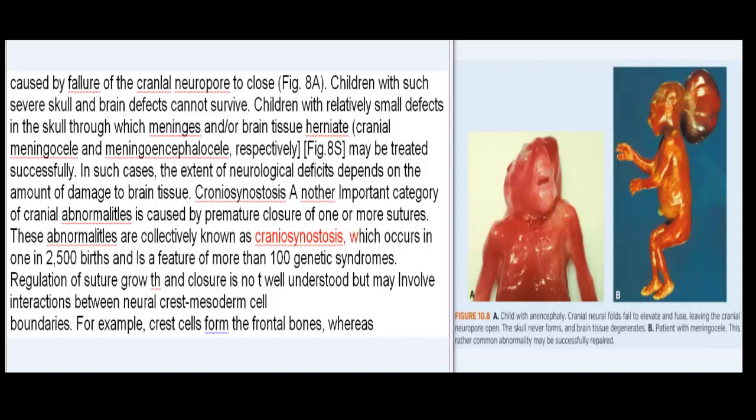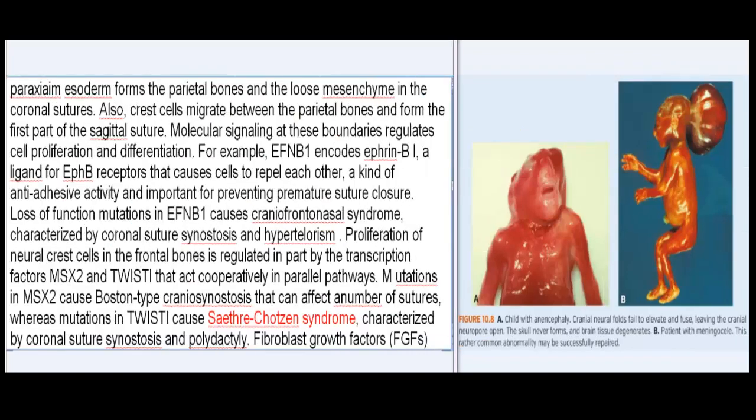For example, crest cells form the frontal bones, whereas paraxial mesoderm forms the parietal bones and the loose mesenchyme in the coronal sutures. Also, crest cells migrate between the parietal bones and form the first part of the sagittal suture. Molecular signaling at these boundaries regulates cell proliferation and differentiation.